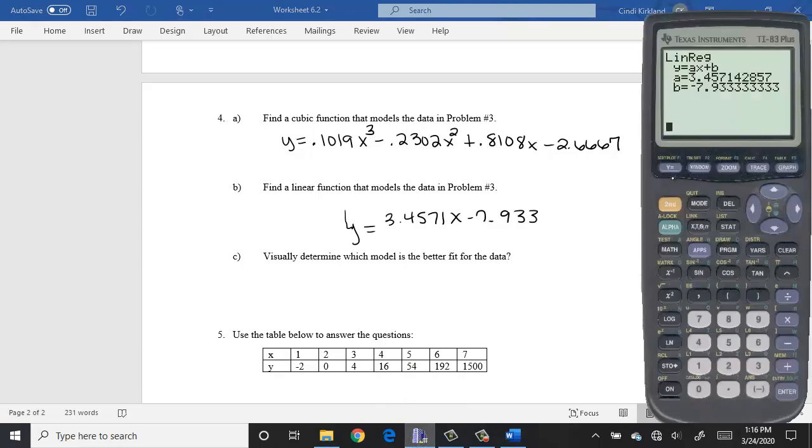Visually determine which model is the best fit for the data. To do that, we could come back to y equals and we could put in our data. So I'm going to start off by putting in my cubic function.